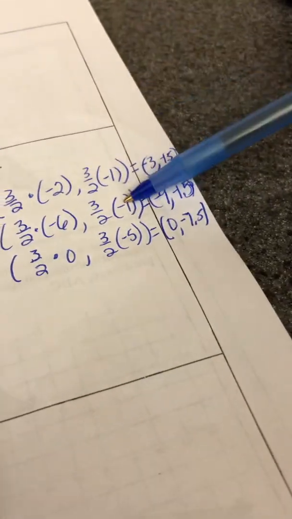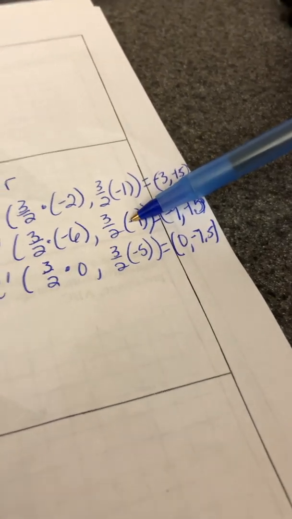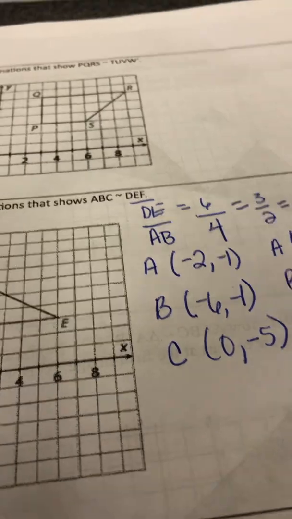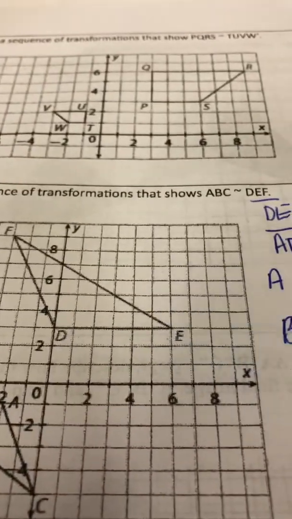Okay, so now that we have all of our points of our applied scale factor, we must now look here, and we're going to see what's going on with the last set of points.